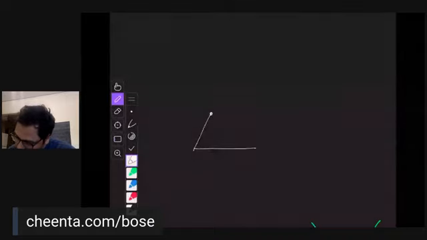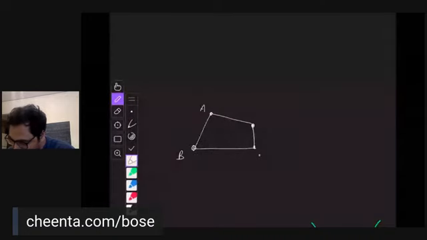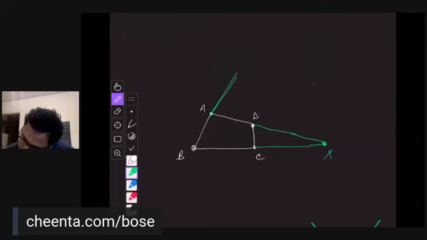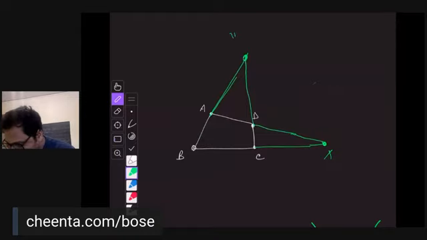We have a quadrilateral like this. So we have A, B, C, D, and we extended these two to meet at a point X. We extended these two to meet at a point Y, and we drew two circles like this.